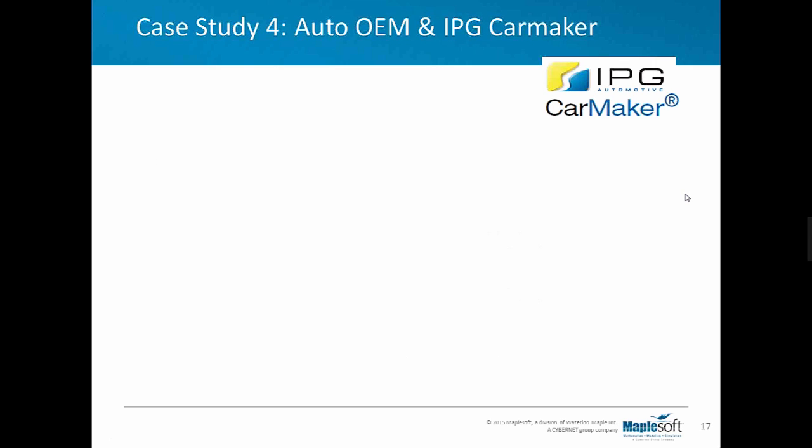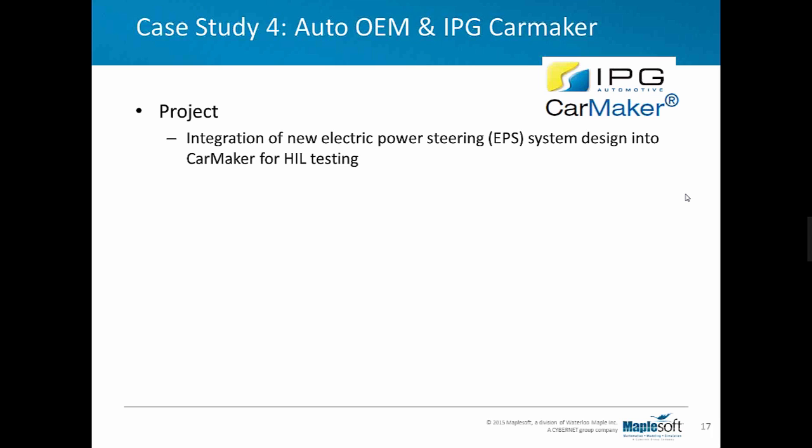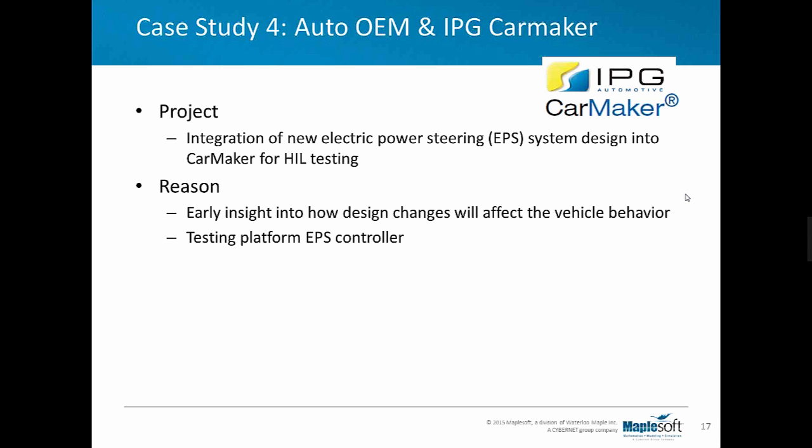Another example, this time also an automotive example, but with IPG CarMaker. The project was for a power steering system, being able to bring a high fidelity power assist steering system into the bigger simulation environment of the full vehicle. So the power steering was created in MapleSim, and the code was generated.